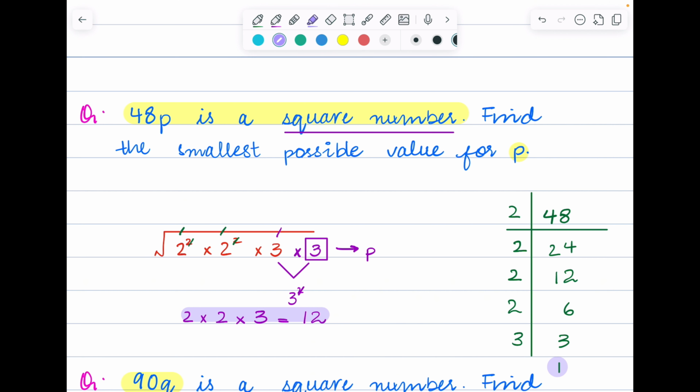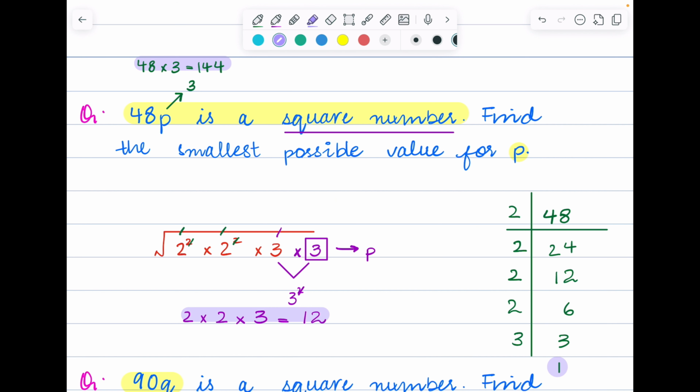And let's check, we added another 3, so that was 48 multiplied by 3, because 48p, that's 144. When you square root 144, you can check using the calculator, you get 12. So that's how it proves it. It could be more than one number as well. It doesn't always mean it's going to be one number that you're multiplying.